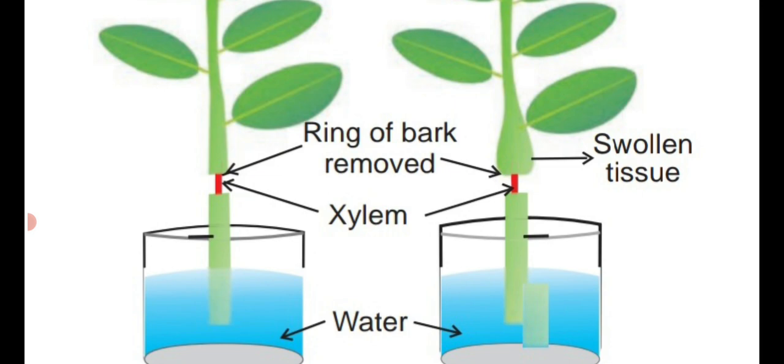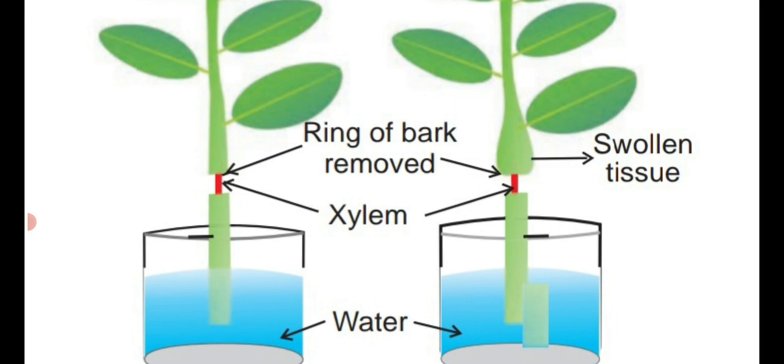because the food material which is prepared in the leafy region and transported is stored in that region, since except xylem, other tissues are removed. So the food material stored in the stem portion forms a swollen or bulged tissue due to the storage of food material.